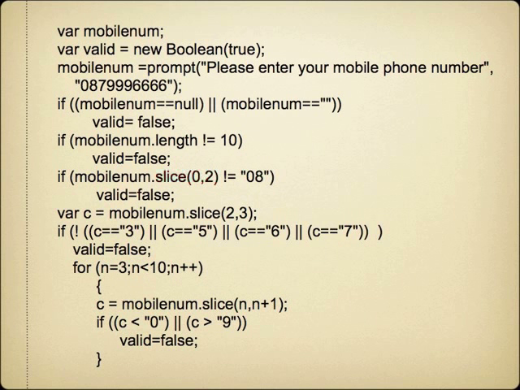So the next thing we want to do now is check that the third digit in the phone number is a 3, a 5, a 6, or a 7. If it's not one of those, the number is dodgy. So we're going to extract out that third digit from the string, and we're assigning it to a variable c. So we're saying c is assigned mobilenum.slice, and the start point is 2 and the end point is 3.